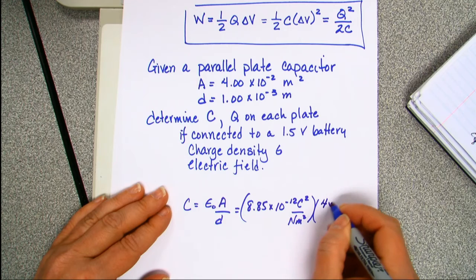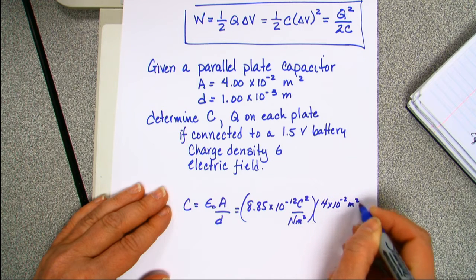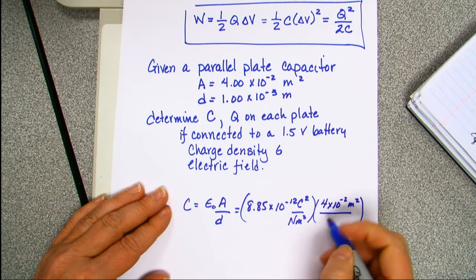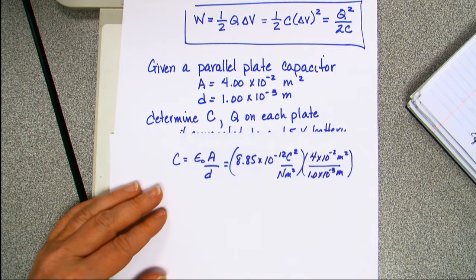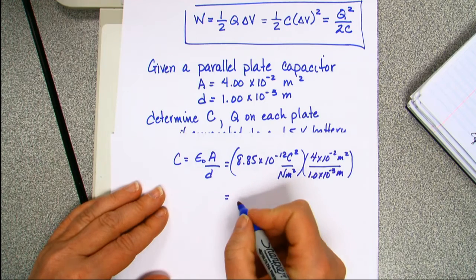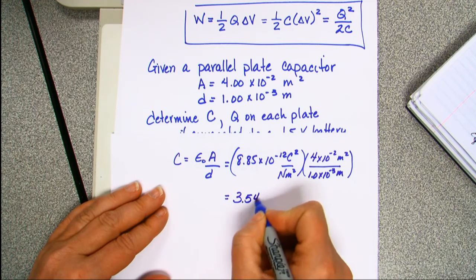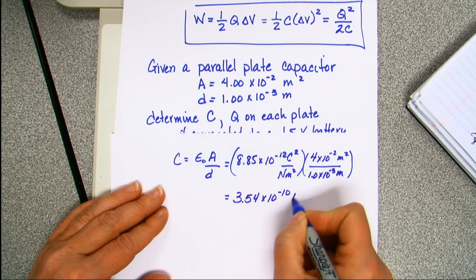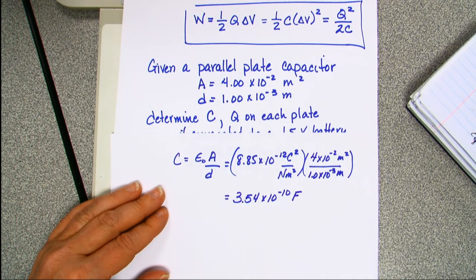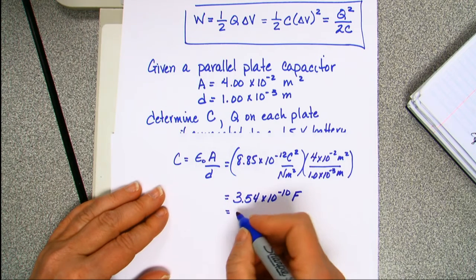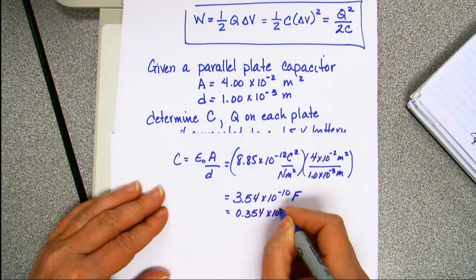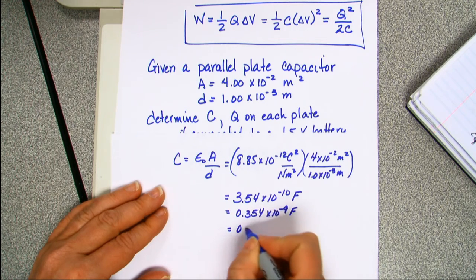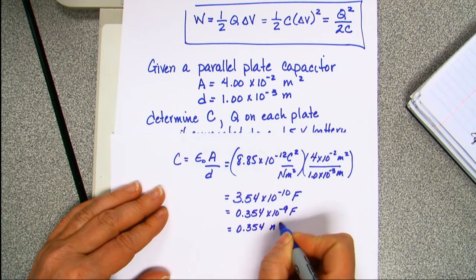We have our 4 times 10 to the minus 2 meters squared and our 1.0 times 10 to the minus 3 meters. Plugging that into the calculator gives 3.54 times 10 to the minus 10 farads. We will probably write it as 3.54 times 10 to the minus 9 farads, which is 3.54 nanofarads.